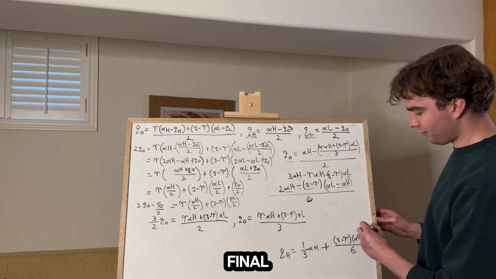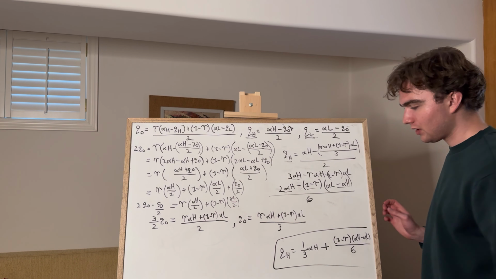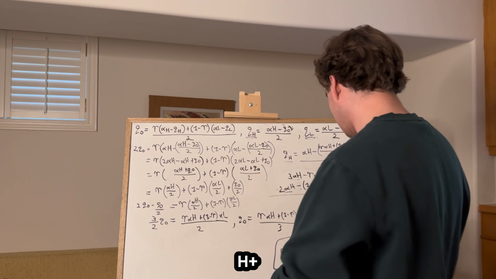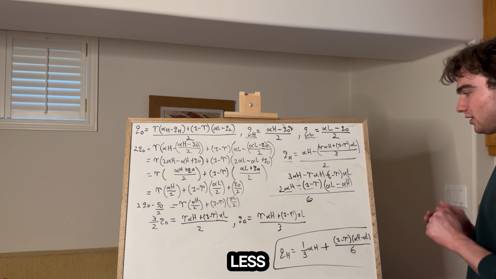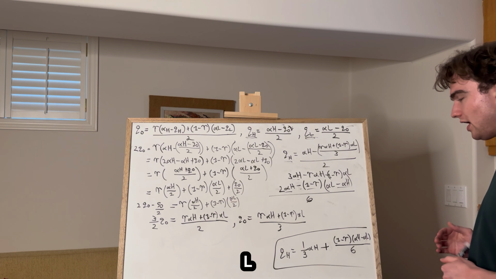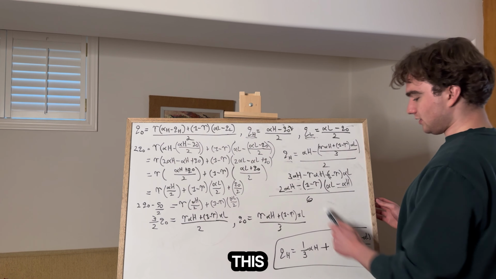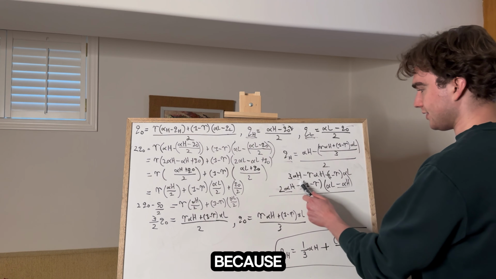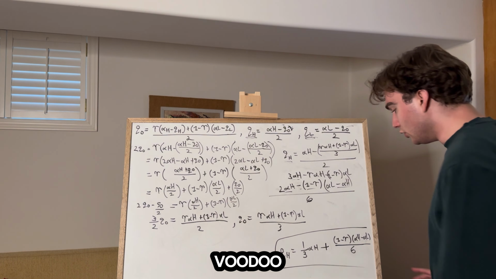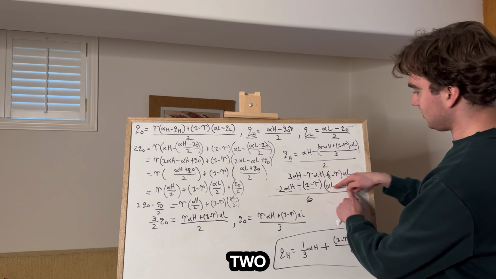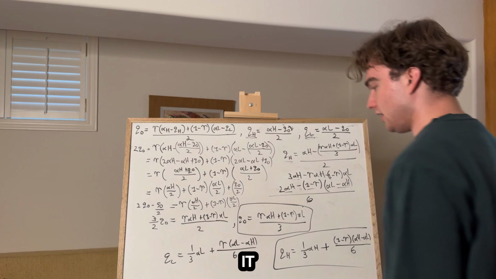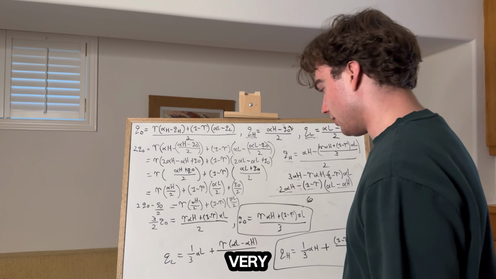So here we have our final answer, which is Q of H equals 1 over 3 alpha H plus 1 less probability alpha H less alpha L. To get this to be positive, because it's negative up here, I did not do some voodoo magic. I just flipped these two around. What they did was different, but not by very much.